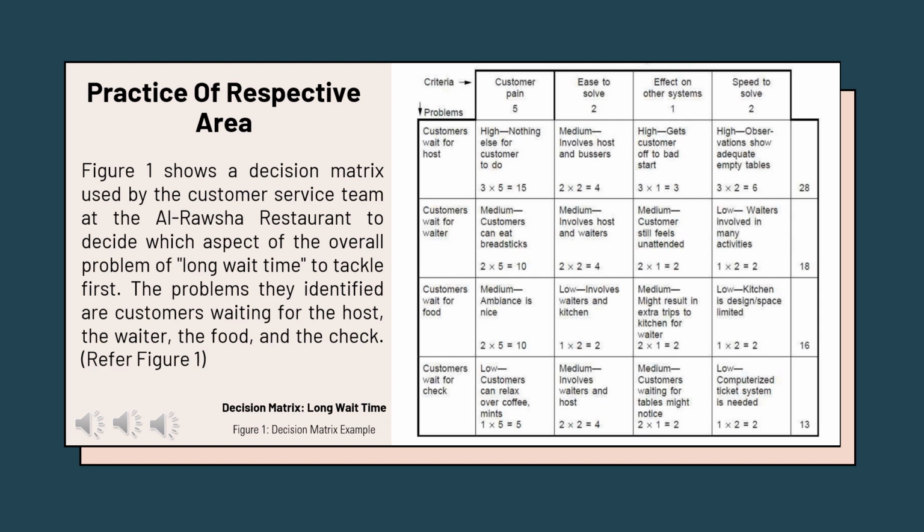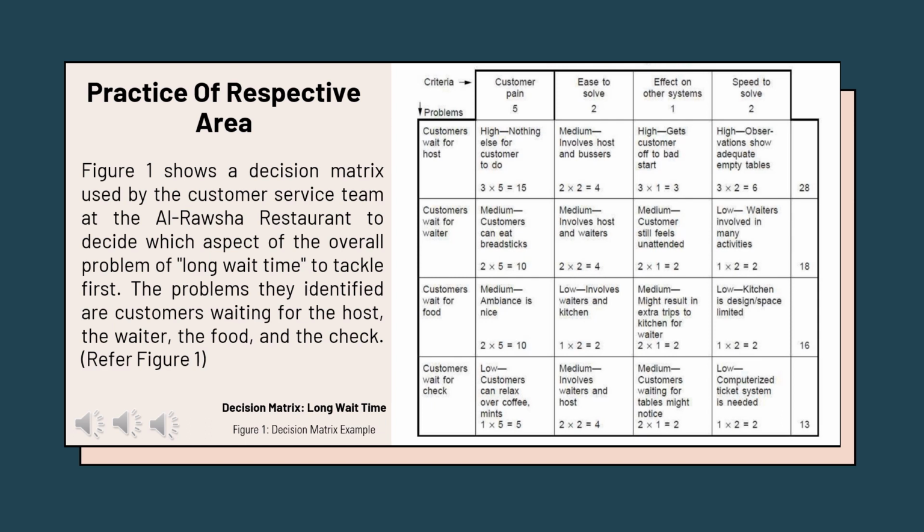The team chose a rating scale of high is 3, medium is 2, and low is 1, and used it for the problem: customer waiting for food. In this example, the customer pain is medium, which is 2, because the restaurant ambience is nice.